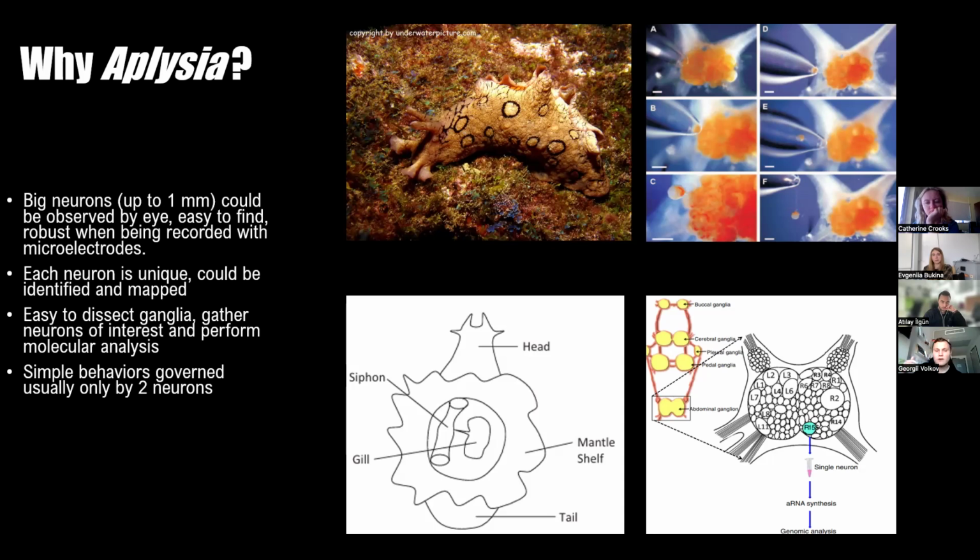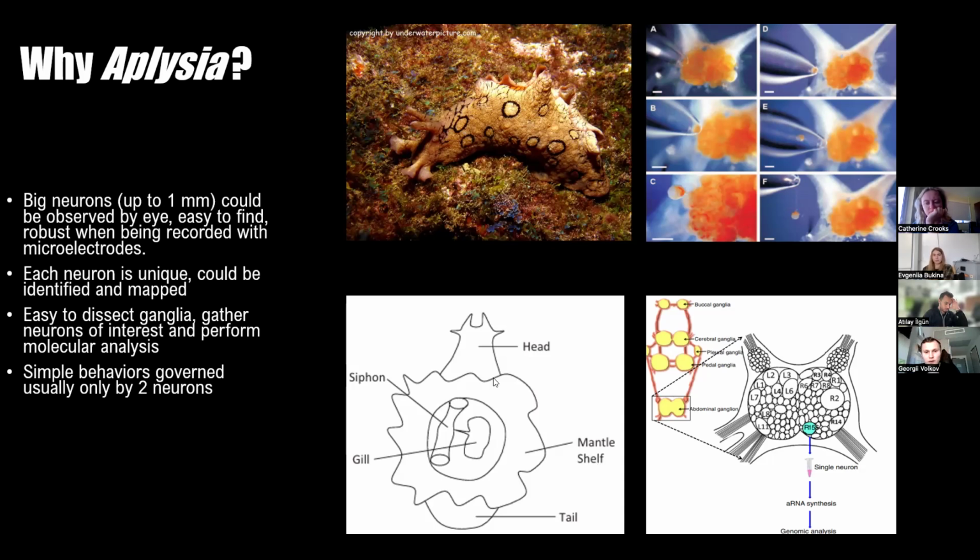For learning, some other neurons could be attached to the process, but usually the simple neural circuit, the simple chain, is two neurons and some effector and afferent organs.